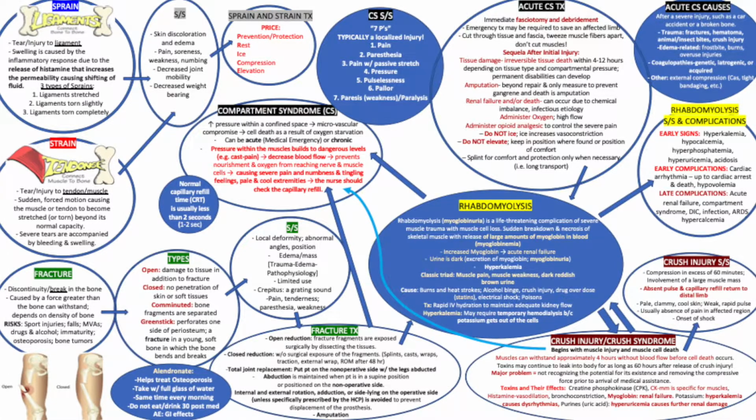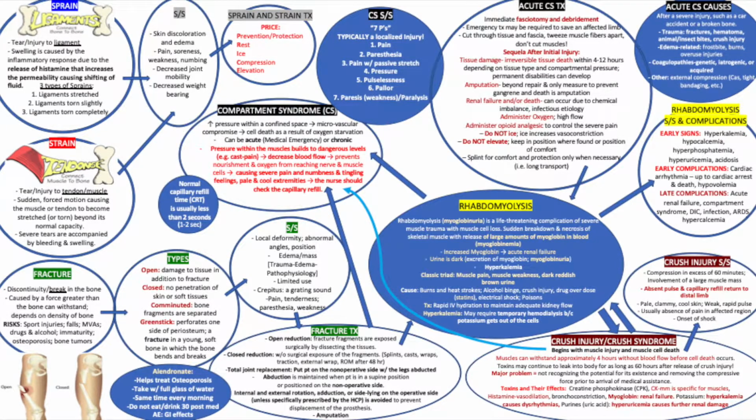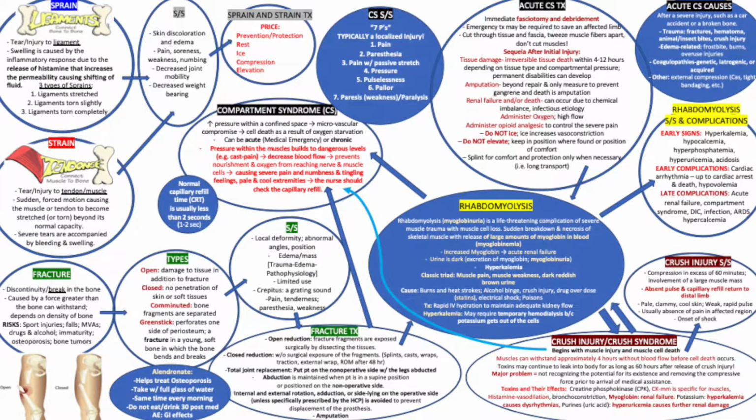A closed, which is right next to the picture on the left, has no penetration of the skin or soft tissues. A comminuted fracture is when bone fragments are separated. Greenstick perforates the side of the periosteum, and it's typically a fracture in a young, soft bone in which the bone bends and breaks.